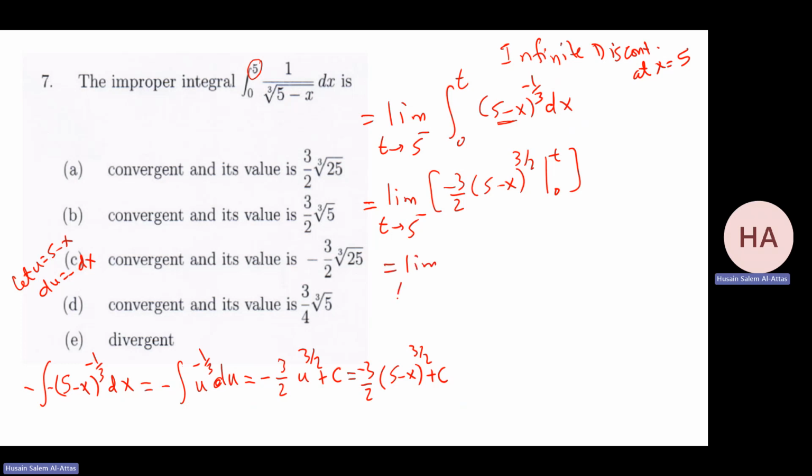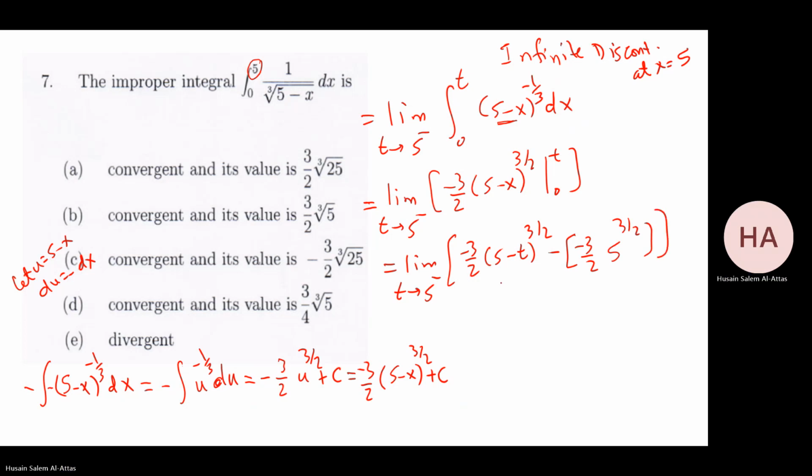That will be the limit as t goes to 5 from the left. Substitute. What will you get? Minus 3 over 2 times (5 minus t) to the power 3 over 2, minus, for x equals 0, minus 3 over 2 times 5 to the power 3 over 2. Substitute 5: 5 minus 5 is 0.